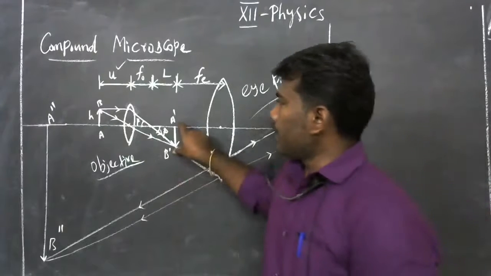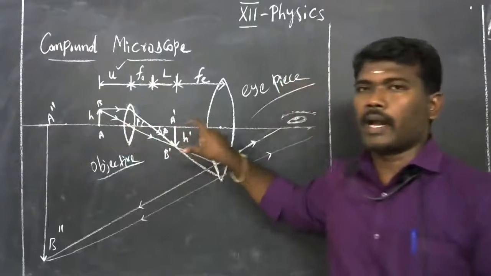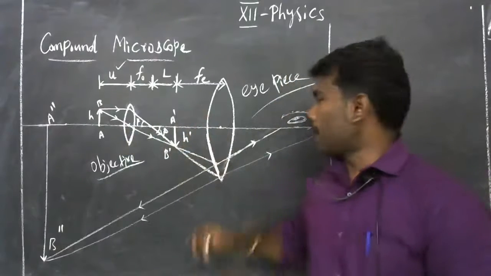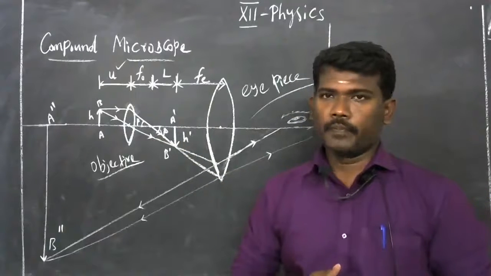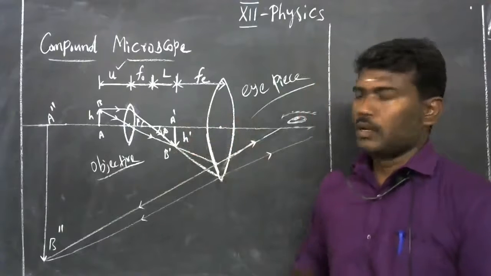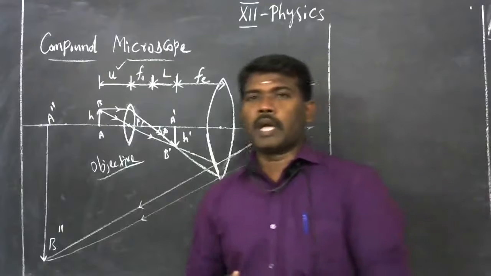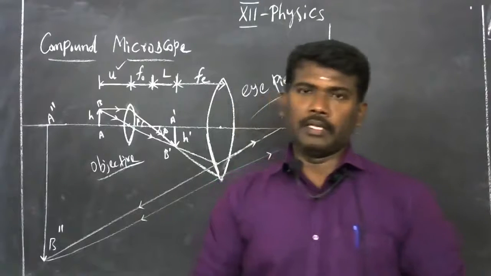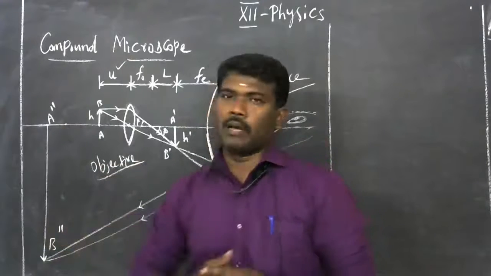Now this image formed by the objective lens acts as the object for the eyepiece, the second convex lens. So A dash B dash is the object for this eyepiece. This convex lens produces a magnified, enlarged image, that image is A double dash B double dash.